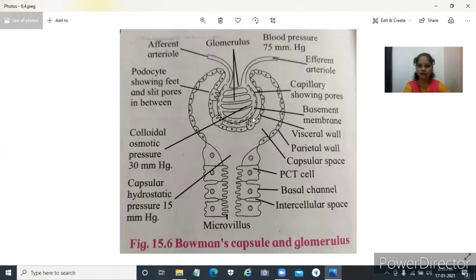Now this filtrate is the glomerular filtrate. It contains a large amount of water and excludes blood cells, proteins as well as pigments. They are under a high pressure. Glomerular hydrostatic pressure, GHP, is about 55 mmHg.